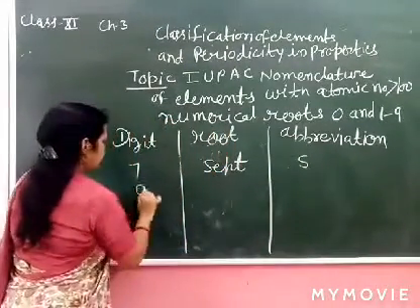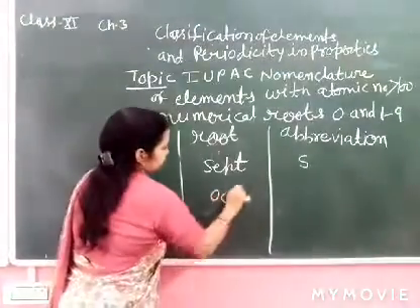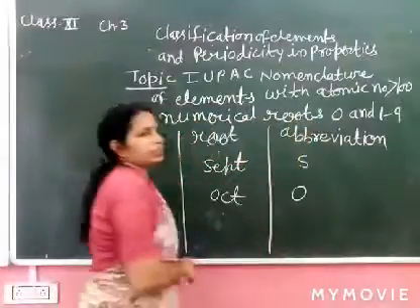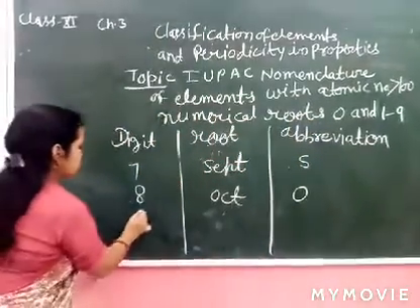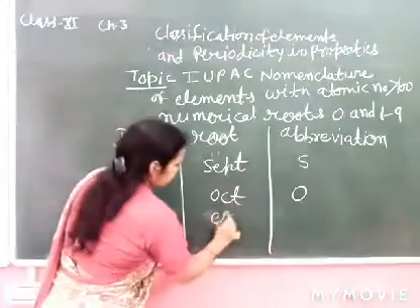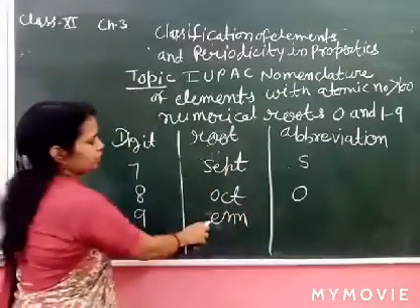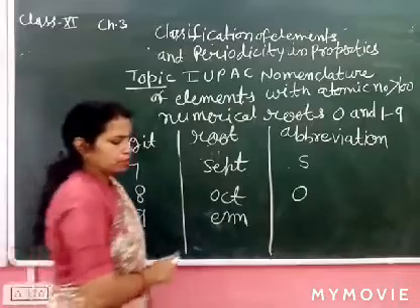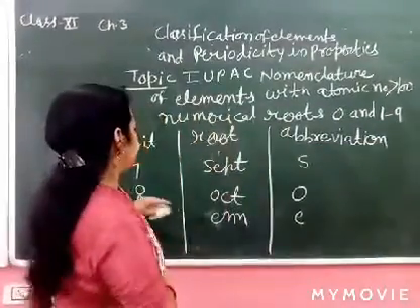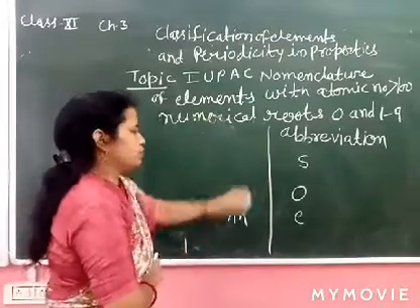Now 8 is known as oct and the abbreviation is O. Last one, 9 is enn, E-double-N, and the abbreviation is E. You have to learn this table for the nomenclature.